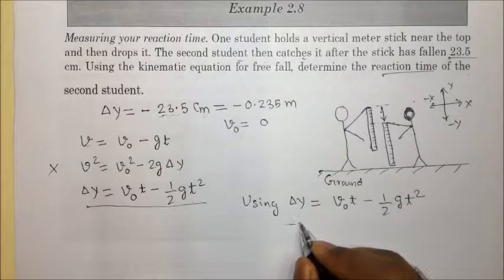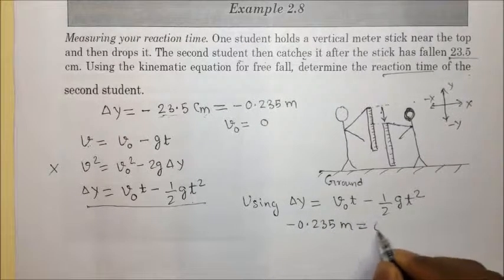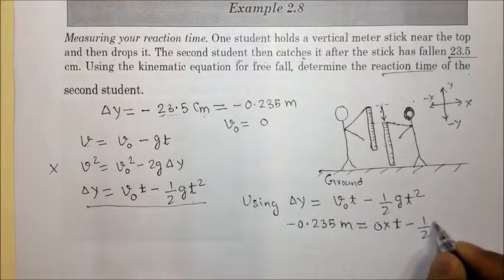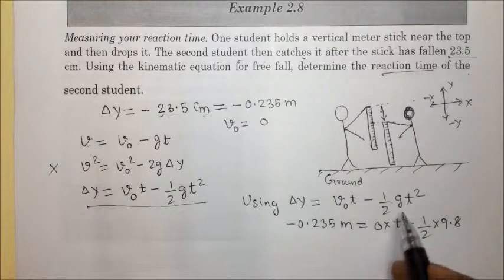This is minus 0.235 meter. 0 times T minus 1/2 times 9.8, because G is 9.8 meter per second square. That's what we are using here.